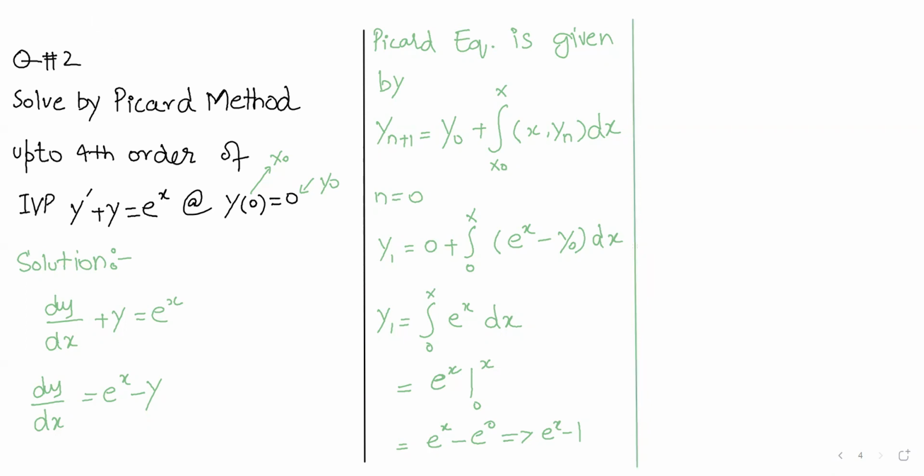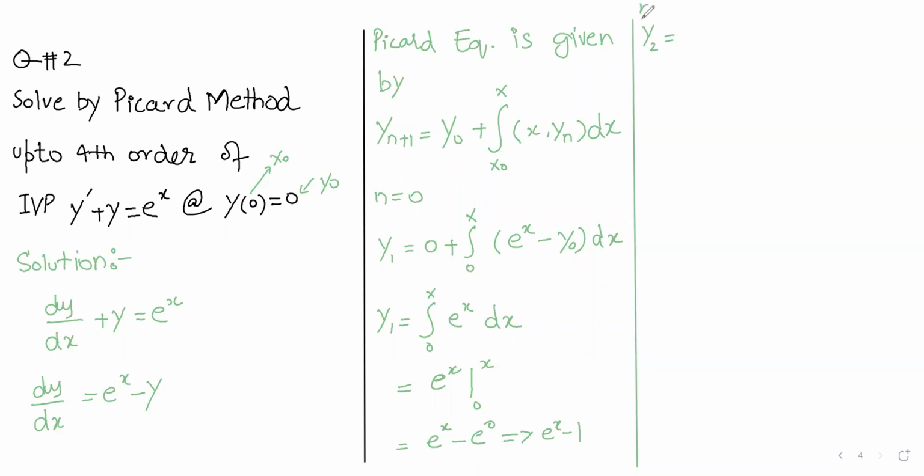Now we have y1 is equal to e^x minus 1. So let's go with y2.